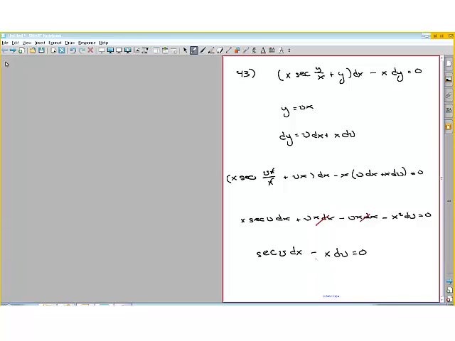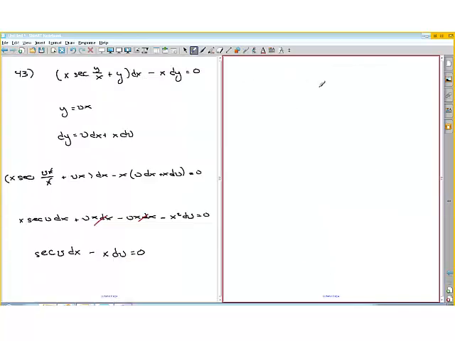Now, this equation we should be able to solve using separation of variables. So we'll move the second term to the right-hand side, so it becomes positive x d mu. And then we'll divide by x and divide by secant. So we get dx over x is equal to d mu over the secant of mu.